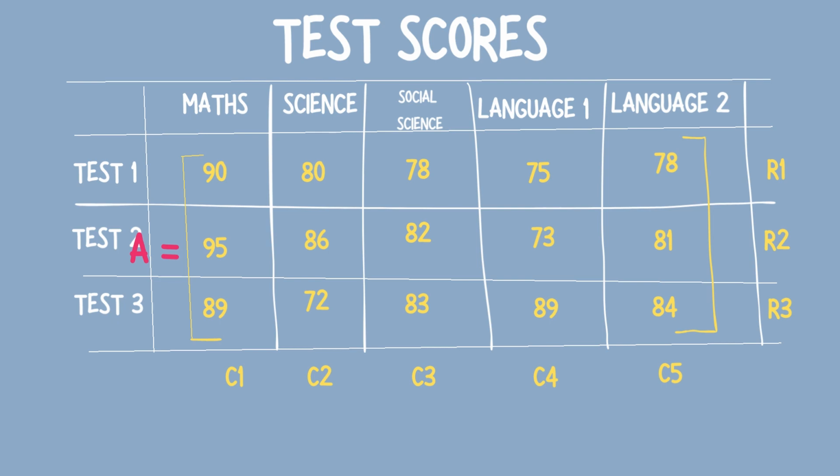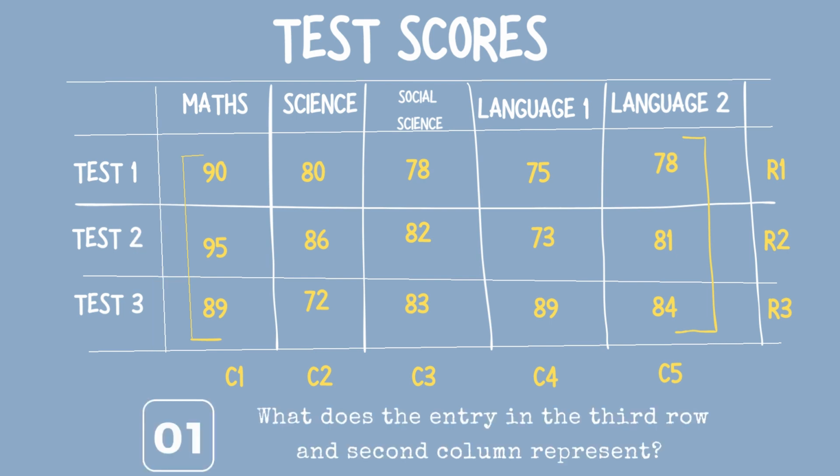Alright. Before we move further, it is important that one gets clarity about what is a row, what is a column, how are these entries represented, and what is the order of a matrix. Now a quick test for you. What does the entry in the third row and second column represent?